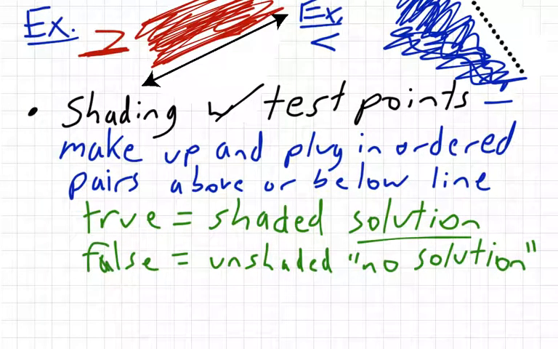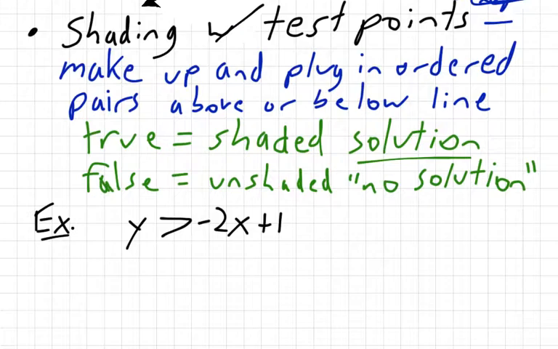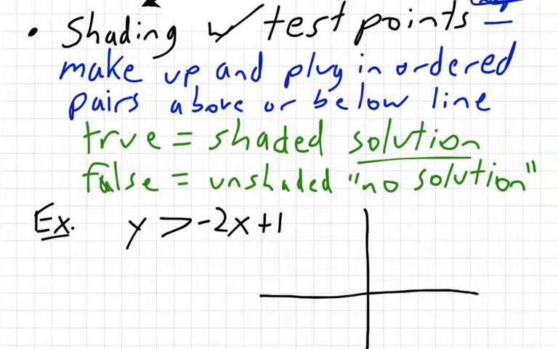All right, let's try a quick example with that. So our example, y is greater than negative 2x plus 1. First we're going to graph it, or at least graph the line anyway. In graphing that line, I'm again going to use my y-intercept, so it goes up 1.